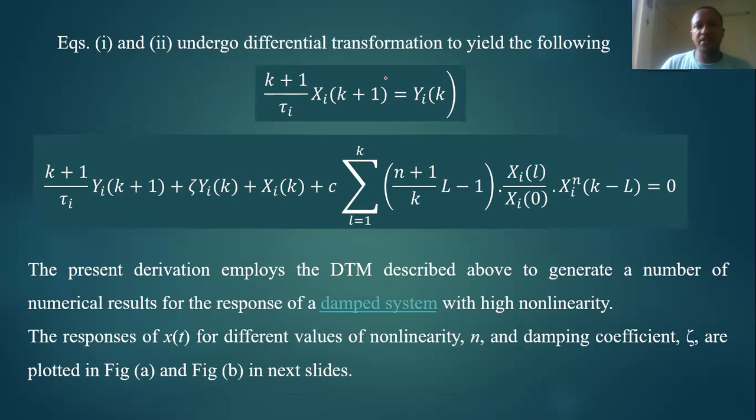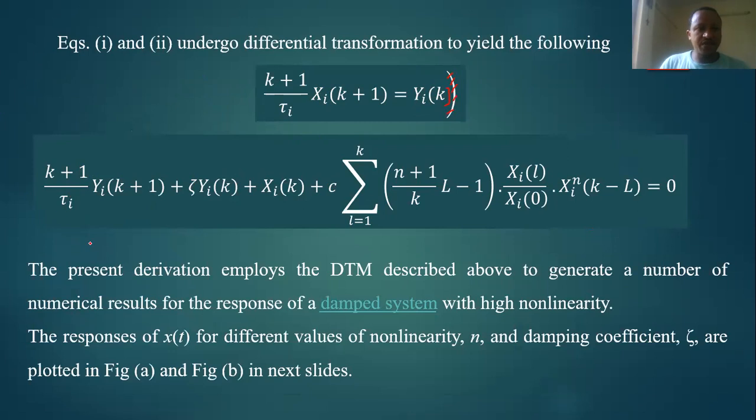From equation 1 and 2, under differential transformation, which yields k plus 1 over zeta_i, x_i of k plus 1, which is equal to y_i of k. Okay, this is like this, not the bigger bracket. This is not applicable. Sorry.